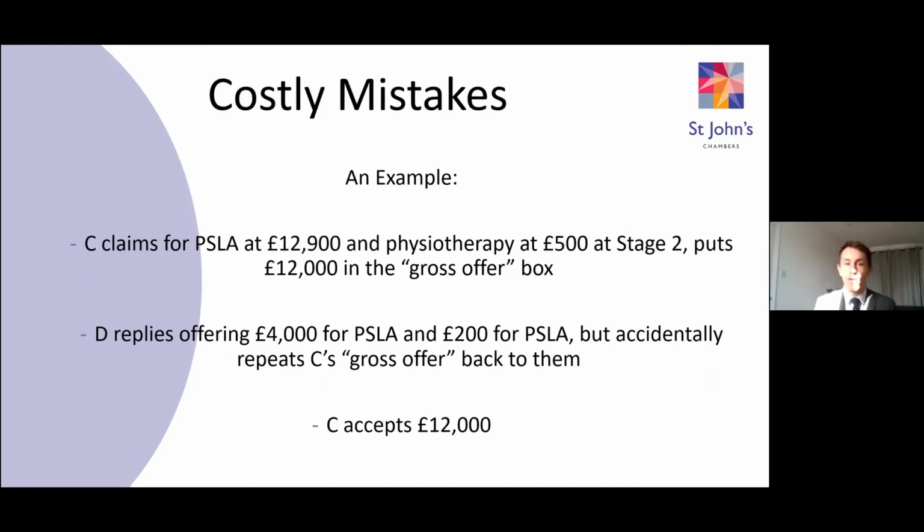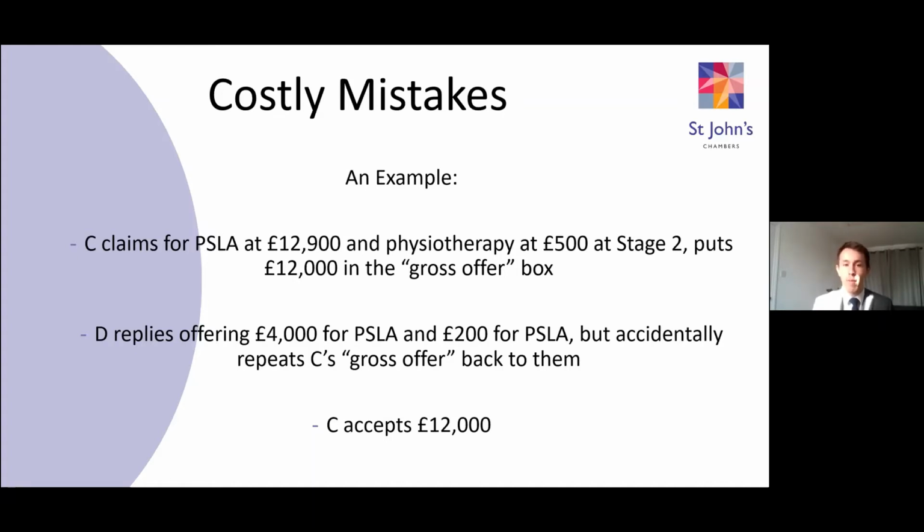The defendant receives that offer, makes whatever investigations they want to make. They reply saying 4,000 for PSLA, and 200 for PSLA again. That shouldn't say PSLA again, that should say physiotherapy. But accidentally the defendant repeats the claimant's gross offer back to the claimant.